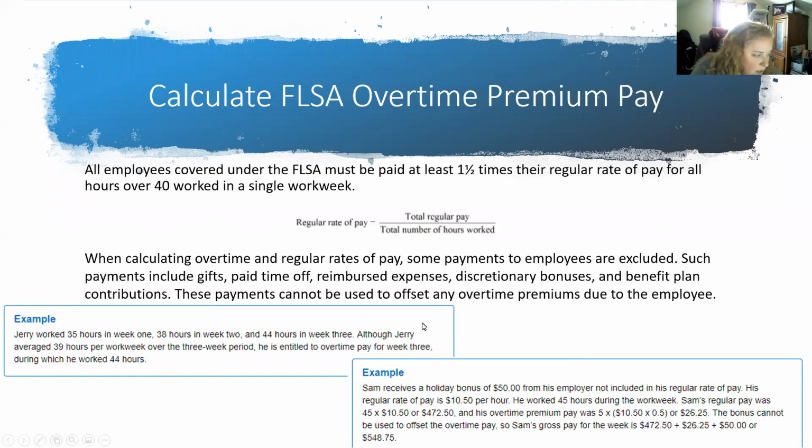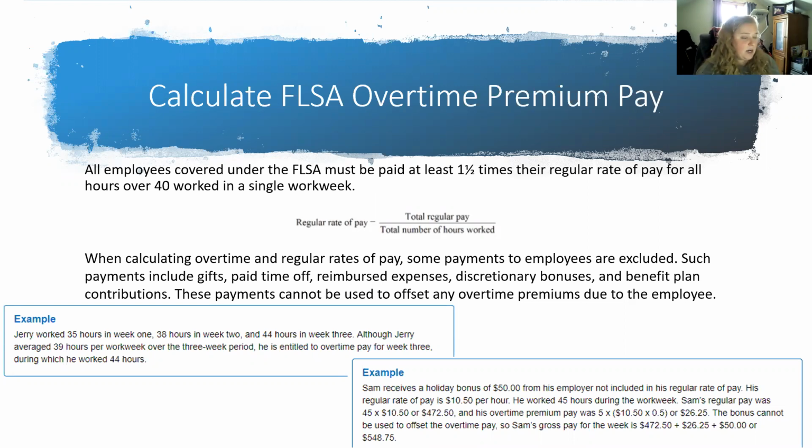So let's see. Sam receives a holiday bonus of $50 from his employer, not included in his regular rate of pay. His regular rate of pay is $10.50 per hour. He worked 45 hours during the work week. So Sam's regular pay was 45 times 10.50, or $472.50. And his overtime premium pay was 5 times half of 10.50, or $26.25.